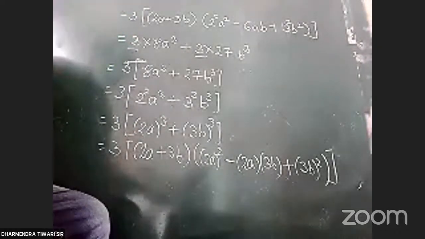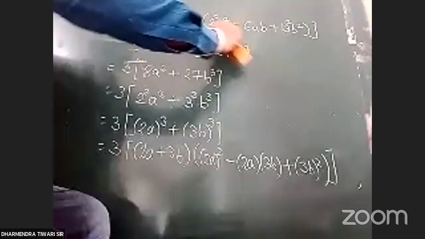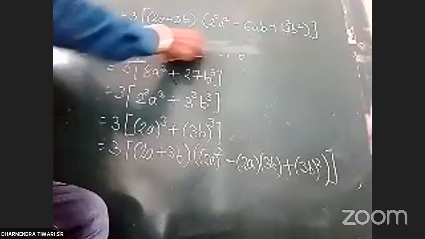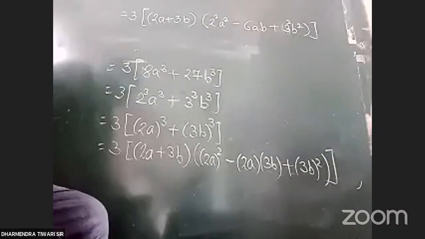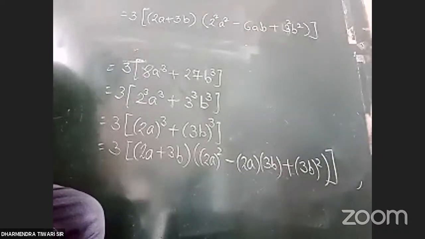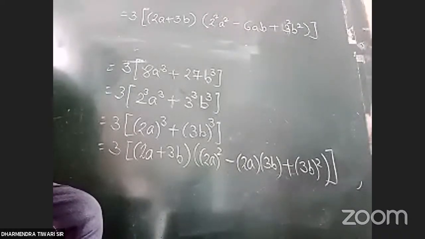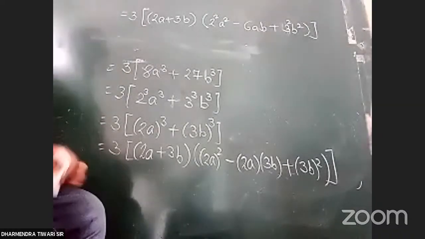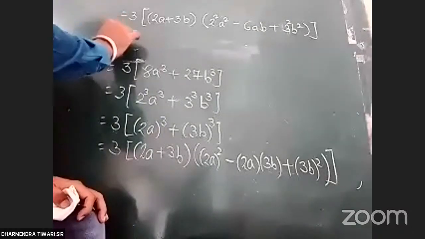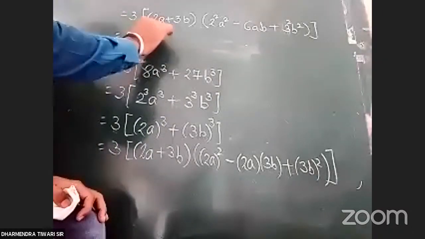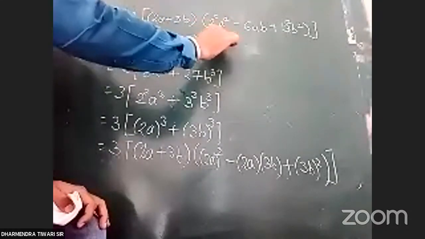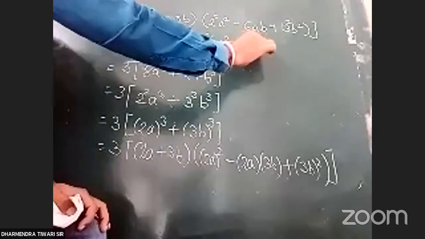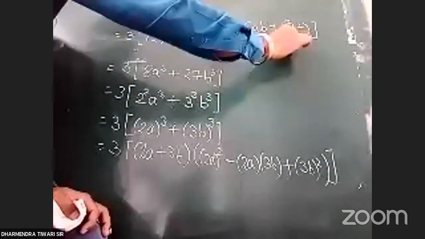Hope you have understood the problem. We are almost done. After this, we'll be taking the cube in fractional form. We are through. 3 into (2a plus 3b), here this is nothing but 4a square minus 6ab plus 9b square. Done.